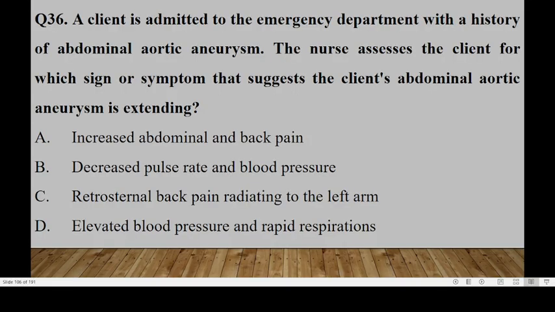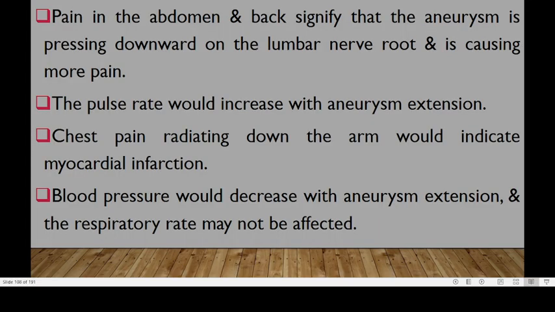A client is admitted to the emergency department with a history of abdominal aortic aneurysm. The nurse assesses the client for which sign or symptom that suggests the aneurysm is extending? Increased abdominal and back pain. Pain in the abdomen and back signifies that the aneurysm is pressing downward on the lumbar nerve root and is causing more pain.